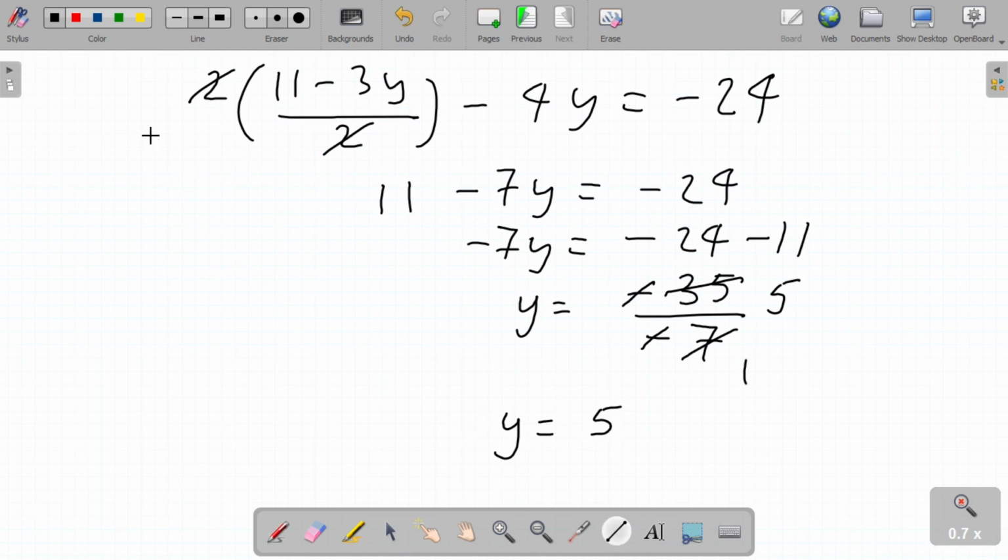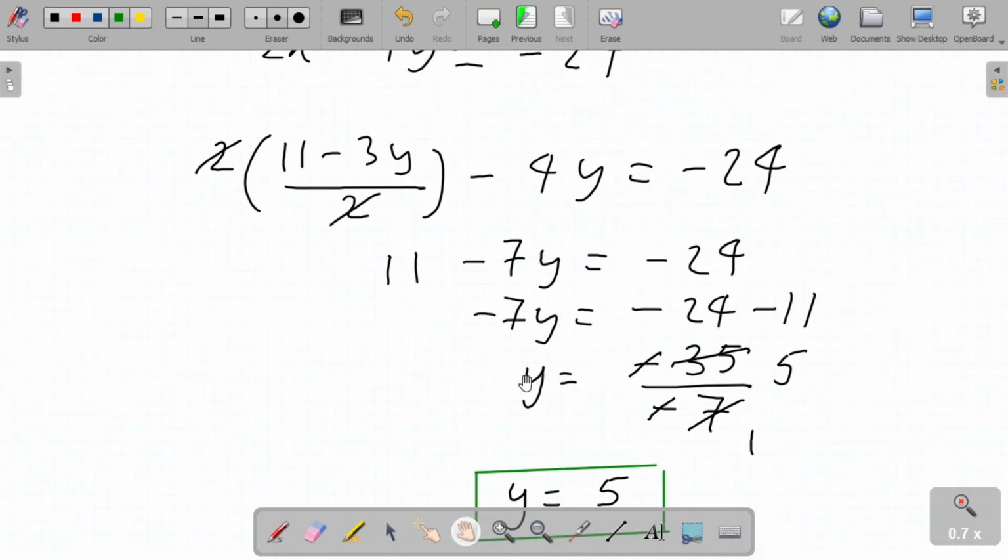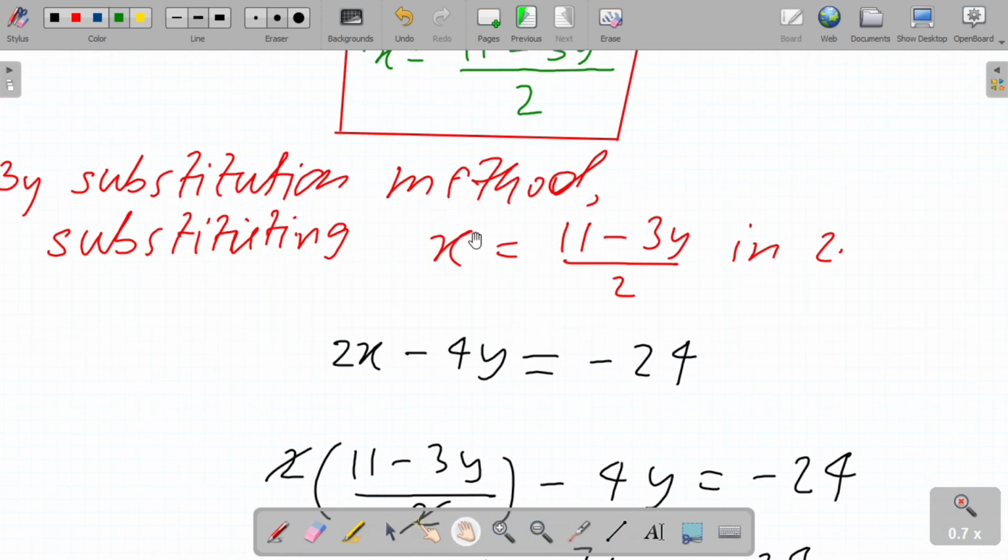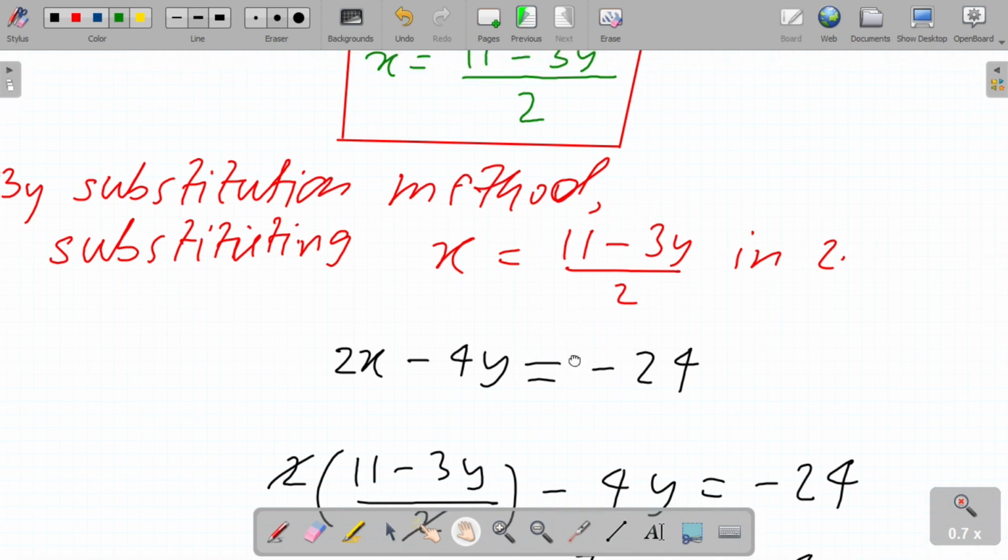Okay, if y is 5, then what will be the value of x? We just wrote the value of x. x is 11 minus 3y upon 2.